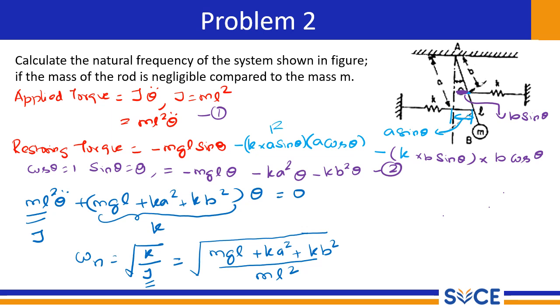This is in the unit of radians per second. If you want the natural frequency in terms of hertz, then you take omega divided by 2 pi.